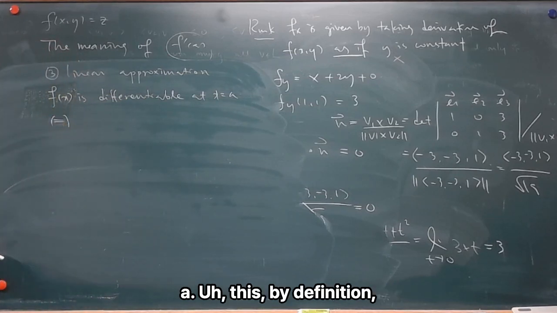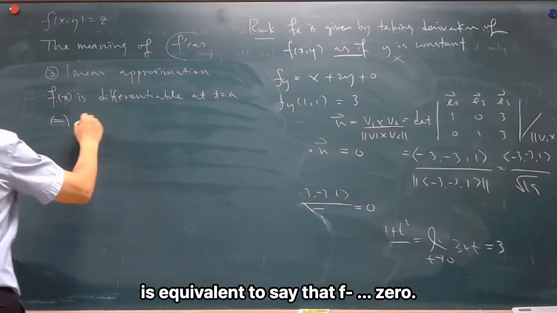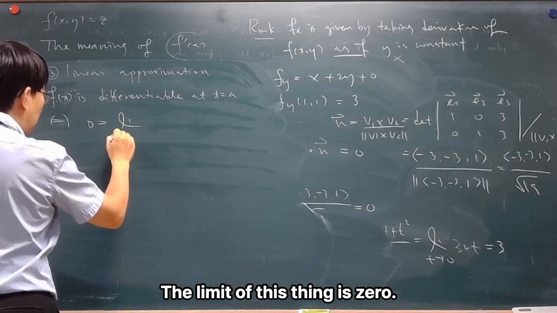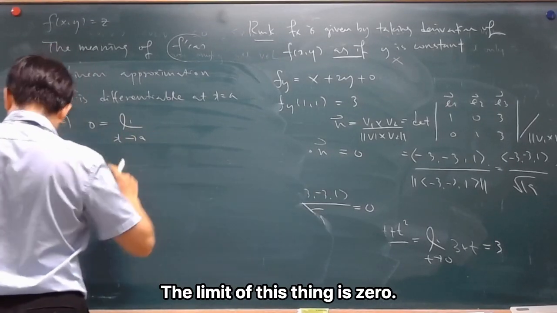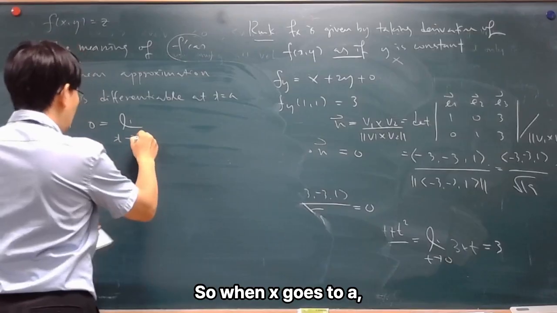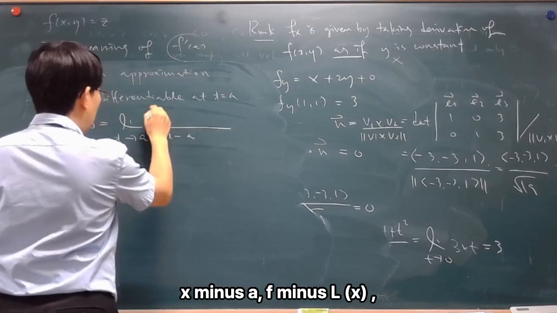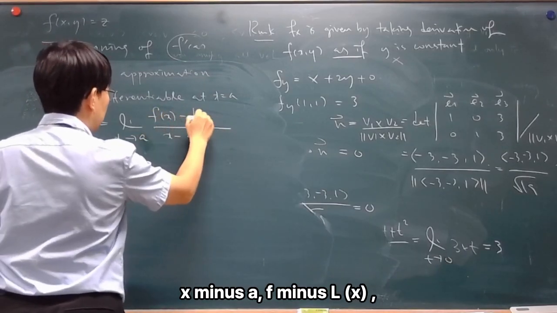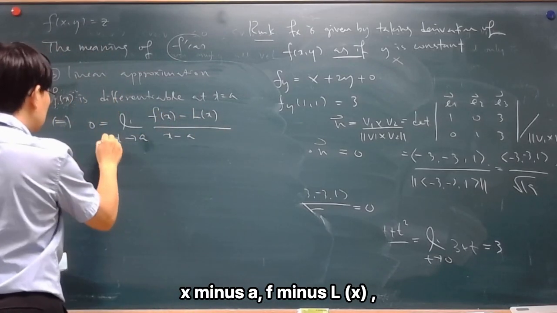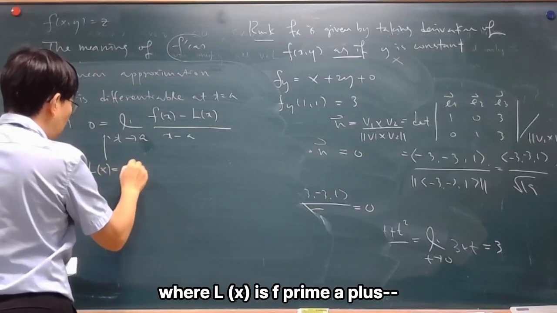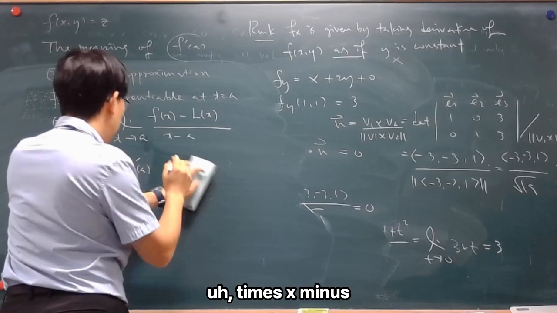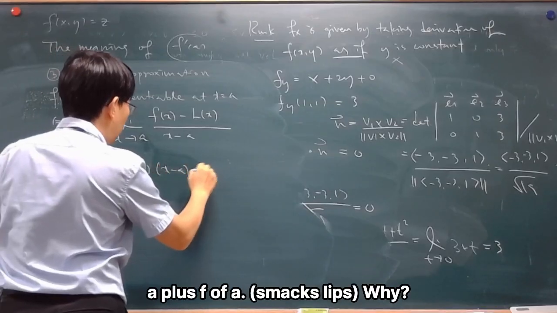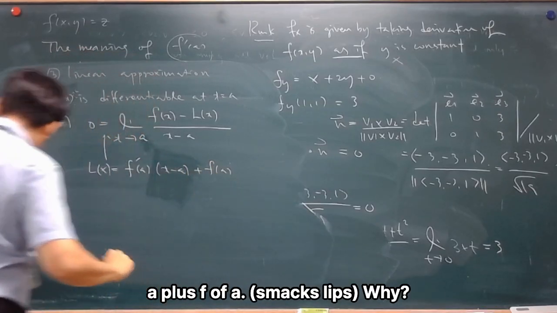This, by definition, is equivalent to saying that the limit of this thing is 0, when x goes to a, of f of x minus L of x over x minus a, where L of x is f prime of a times x minus a plus f of a.